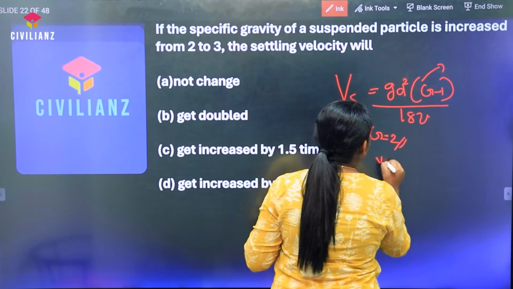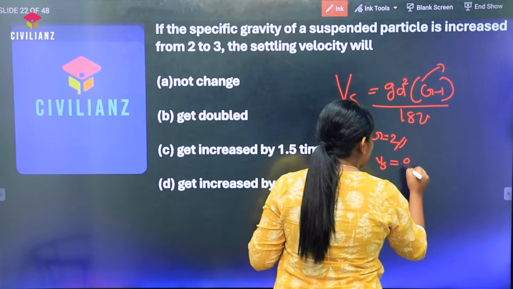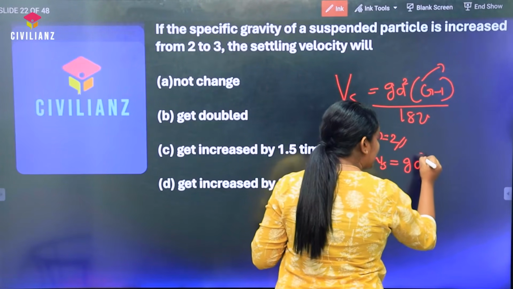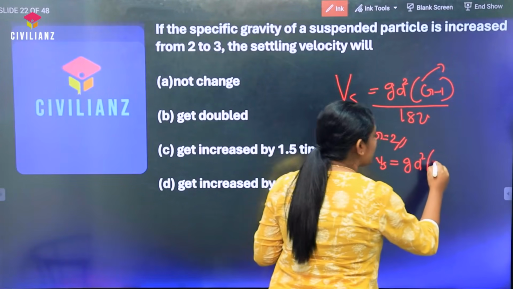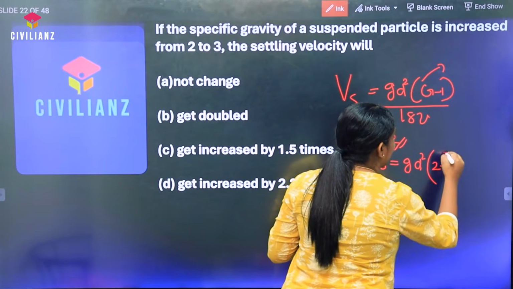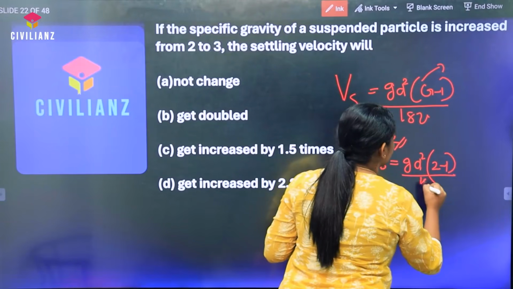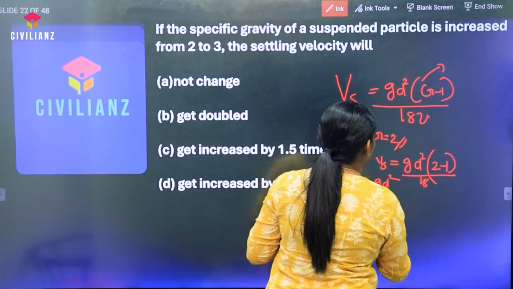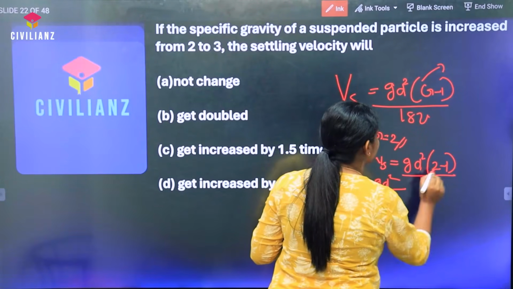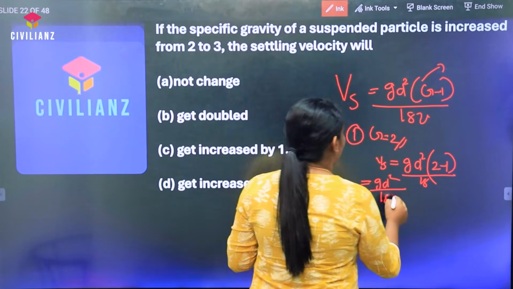So Vs equals g d square (2 minus 1) divided by 18 mu, that is g d square divided by 18 mu.